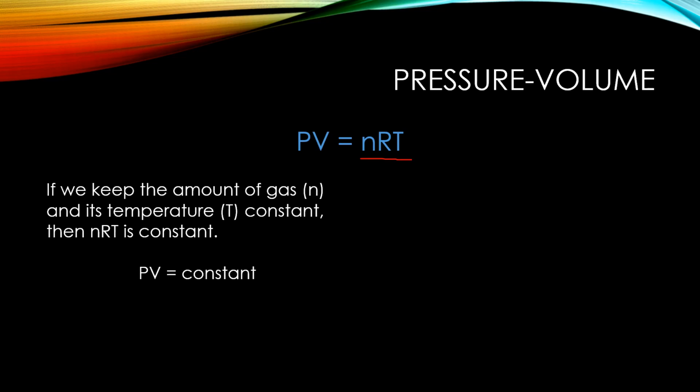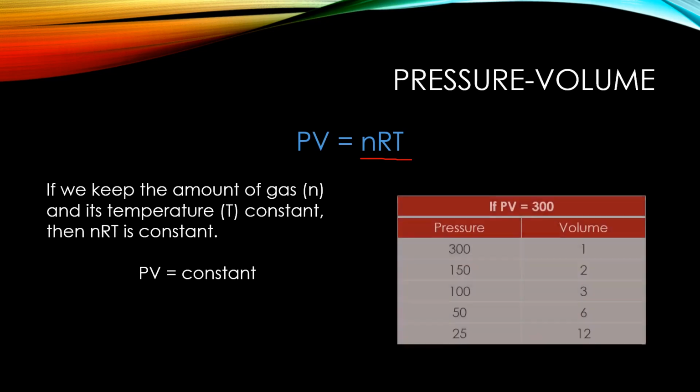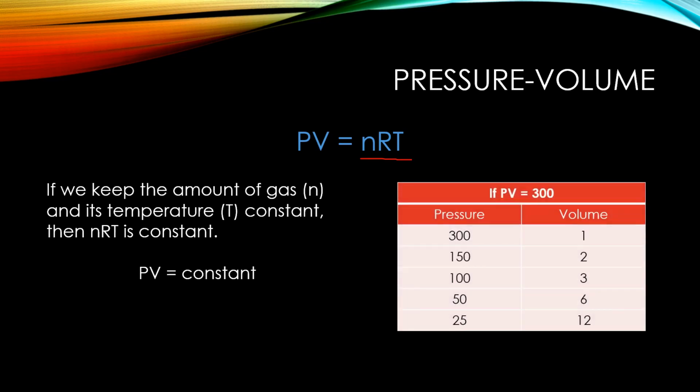So what does this mean? If I just pull a constant out of thin air, let's just say that pressure times volume is equal to 300. So let's look at some values of pressure and volume if this is the case. Well, if the pressure is 300, that means the volume is 1. If the pressure is 150, then the volume is 2, and so on and so forth.